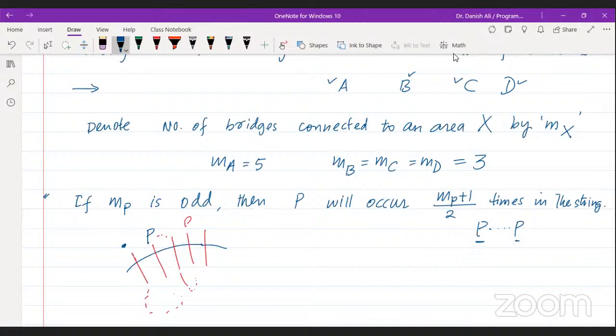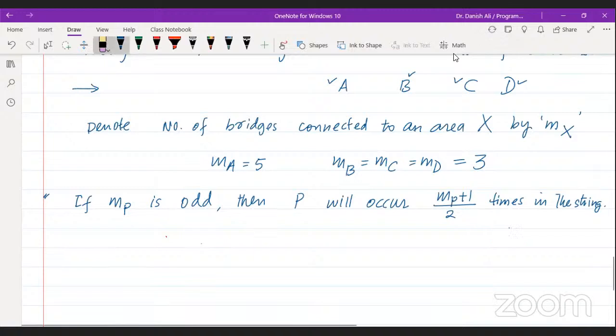For example, if it is 3, then 3 plus 1, 4 divided by 2, this is 2. If it is 5, then 5 plus 1, 6 divided by 2, which is 3. So everybody understand this, that if the number of bridges connected to some area is odd, then P will occur MP plus 1 over 2 times in the string. Everybody get this?